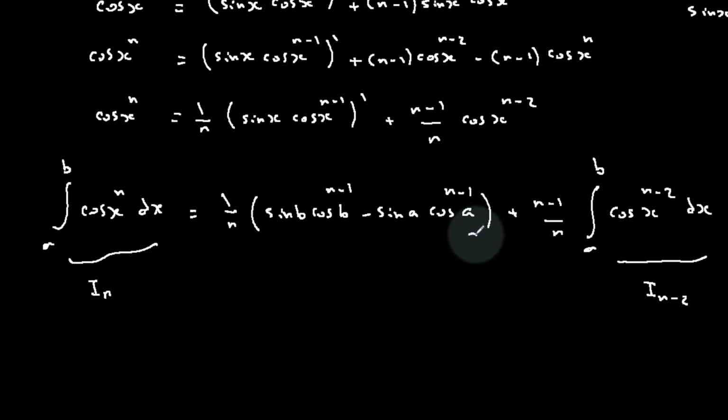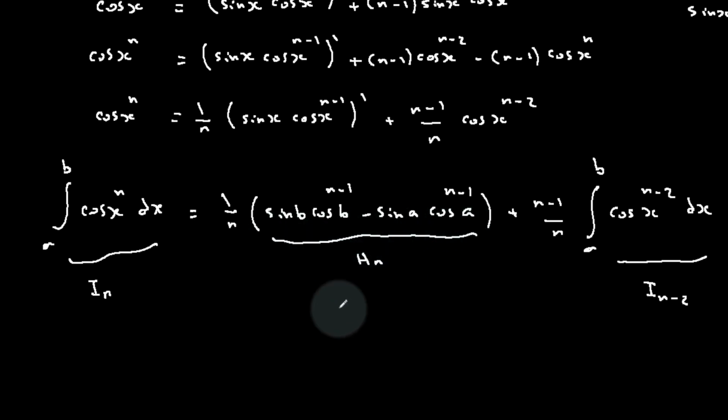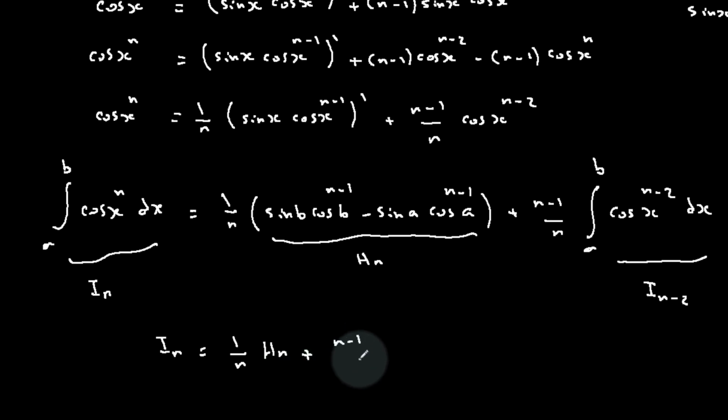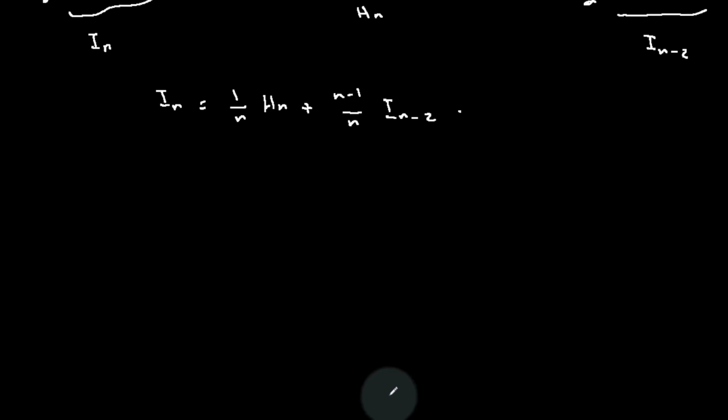If we call this term in parentheses h_n, we have the following relation: I_n is equal to 1 over n h_n plus n minus 1 over n I_n minus 2. You can observe that we have a recurrence relation. How to apply this relation?